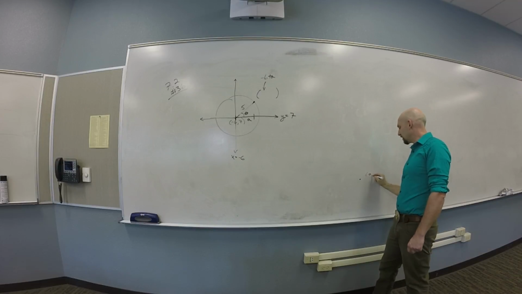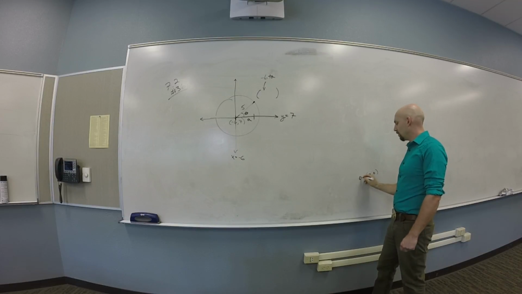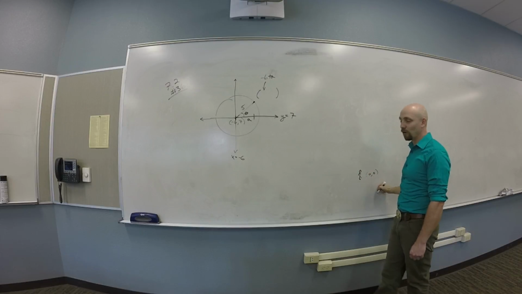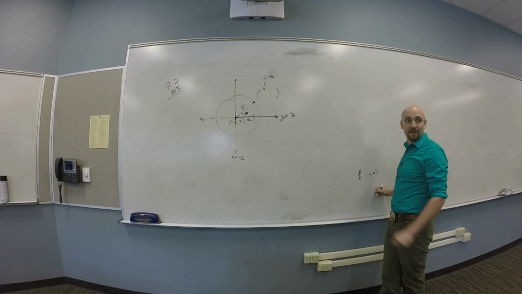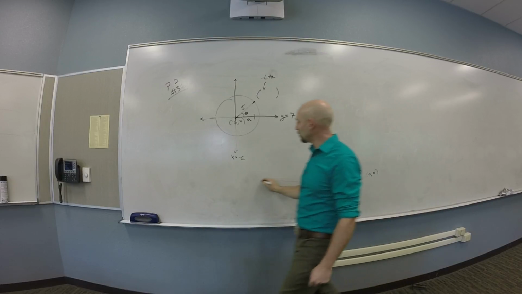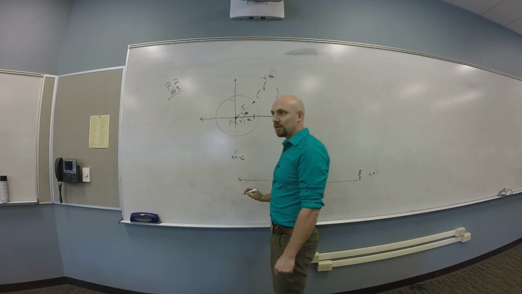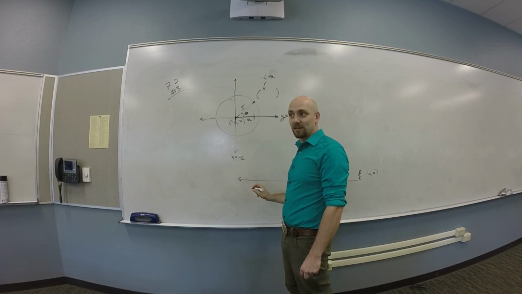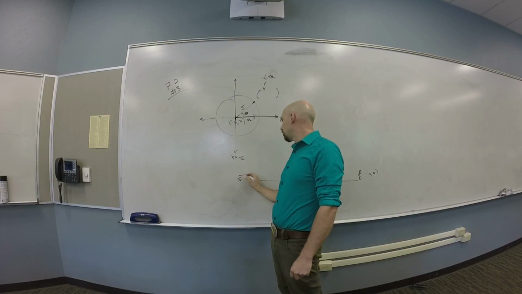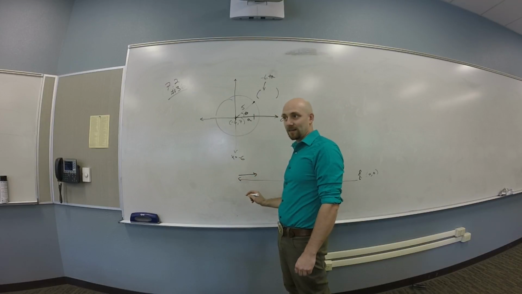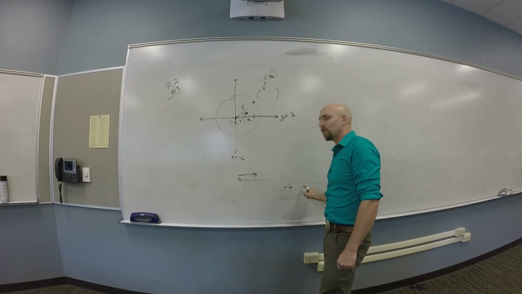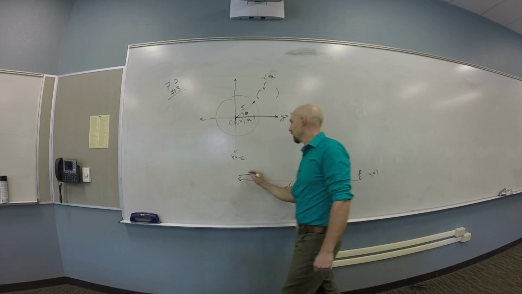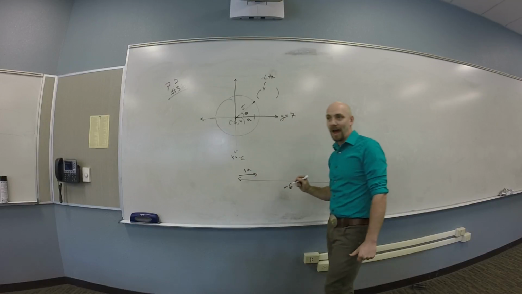If you were giving a little fellow standing at the origin instructions for how to get to that point there, you might tell him, walk out to the line x is -6, and then go back this way, A. That would be -6 in the x direction, and then plus A back.